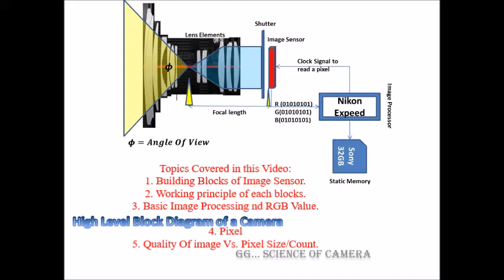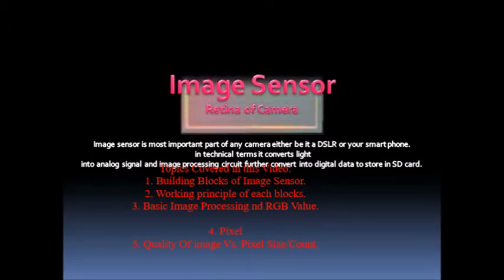So in this block diagram of camera, you can see that image sensor is placed behind the lens configuration. Image sensor is very important for the camera, and the importance can directly be compared to the importance of the human eye for a human. Without an image sensor, you cannot capture such a colorful image of an object in your camera.